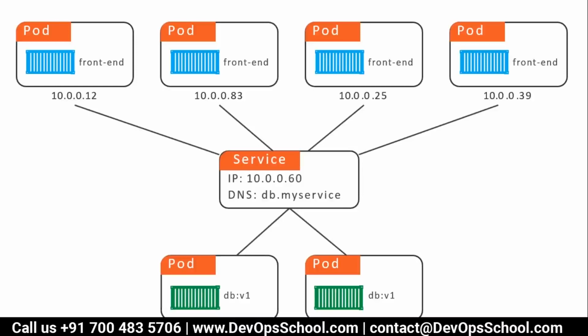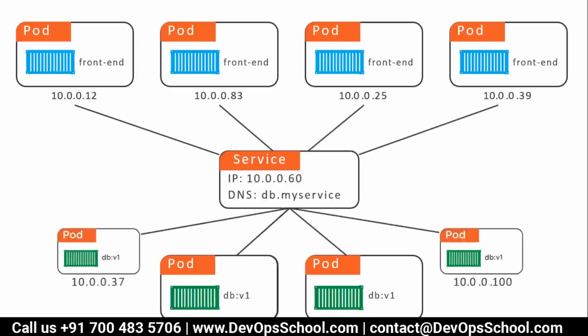So did you understand what the service is? It's nothing but a load balancer, managed by Kubernetes, free of cost. Its IP address never changes and DNS names never change. Guys, did you understand the problem, and the solution also? Yes. Now next problem.